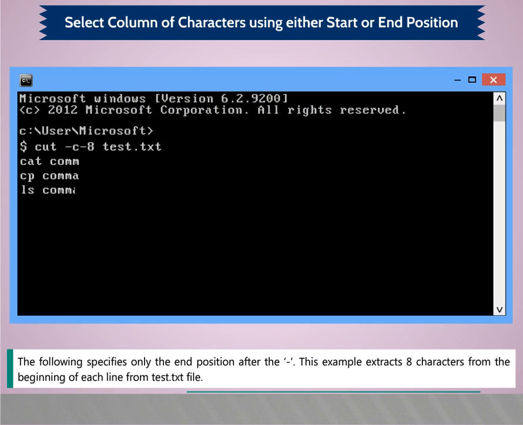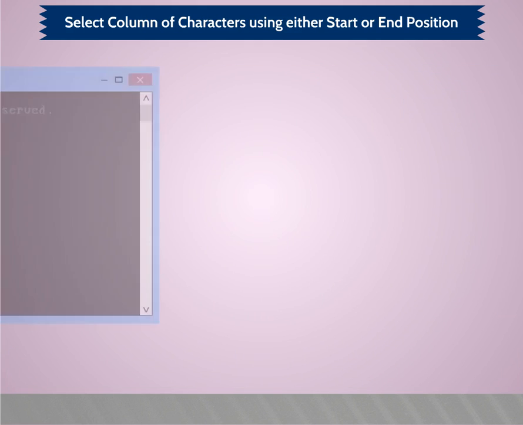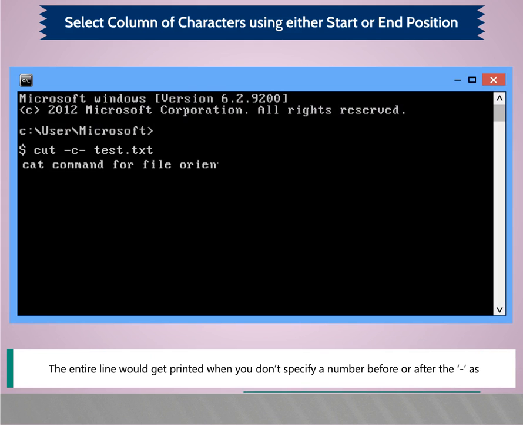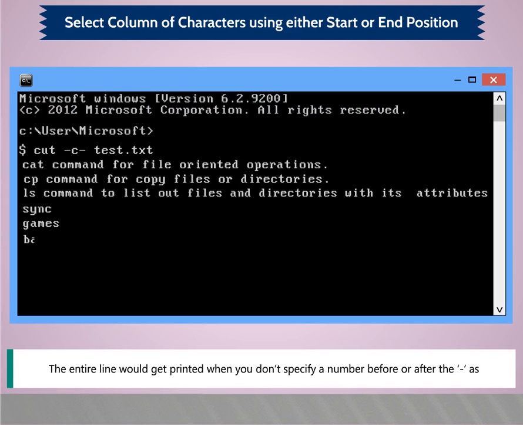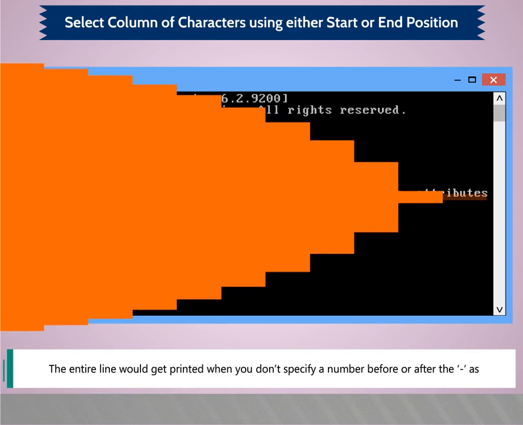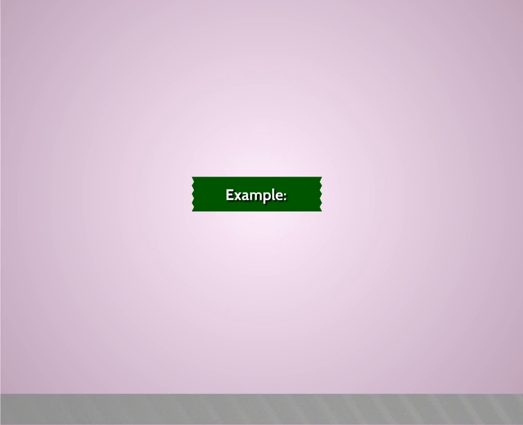The following specifies only the end position after the hyphen. This example extracts 8 characters from the beginning of each line from the test.txt file. The entire line would get printed when you don't specify a number before or after the hyphen. Example.